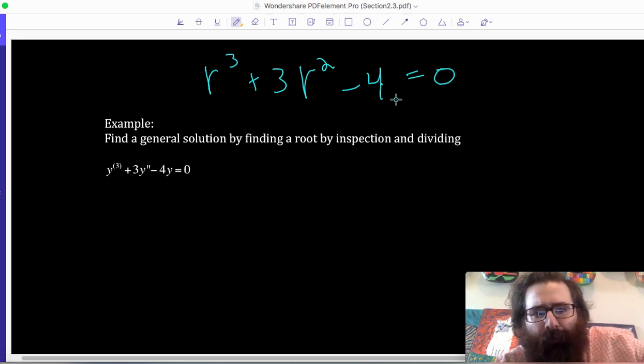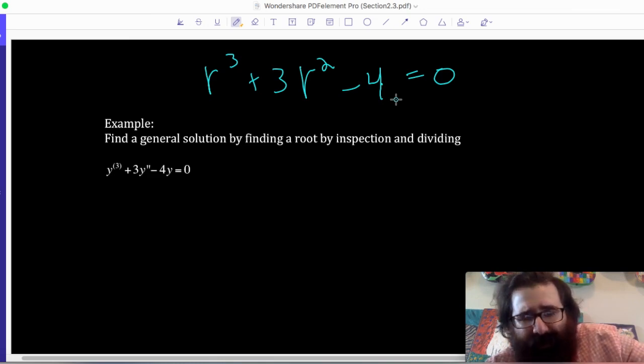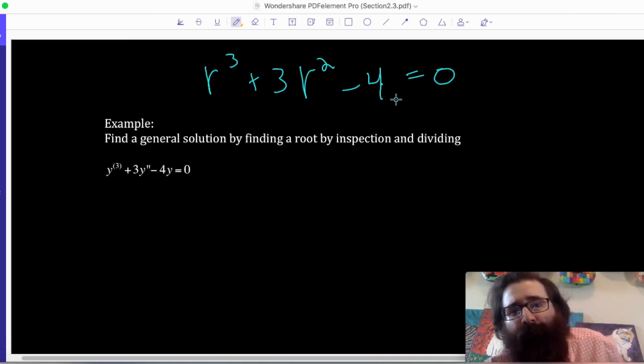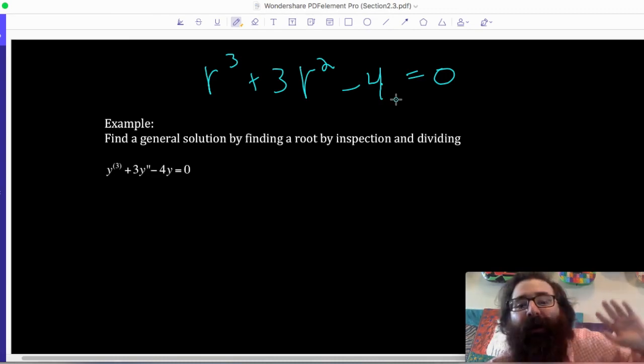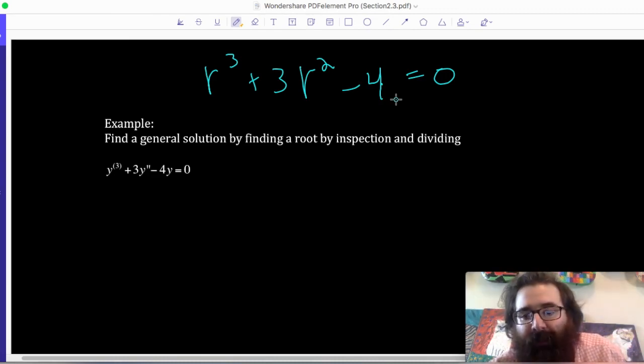Now it's kind of scary to say find a root by inspection, because that means we want to kind of stare at this and try to find a value that's going to work for r. So pause the video, look at it a bit, let me know what you think is going to work for r. And a hint I can give you is if we're ever finding a root by inspection, hopefully it's a nice number that's not too crazy, not far outside of our reach or the realm of possibility.